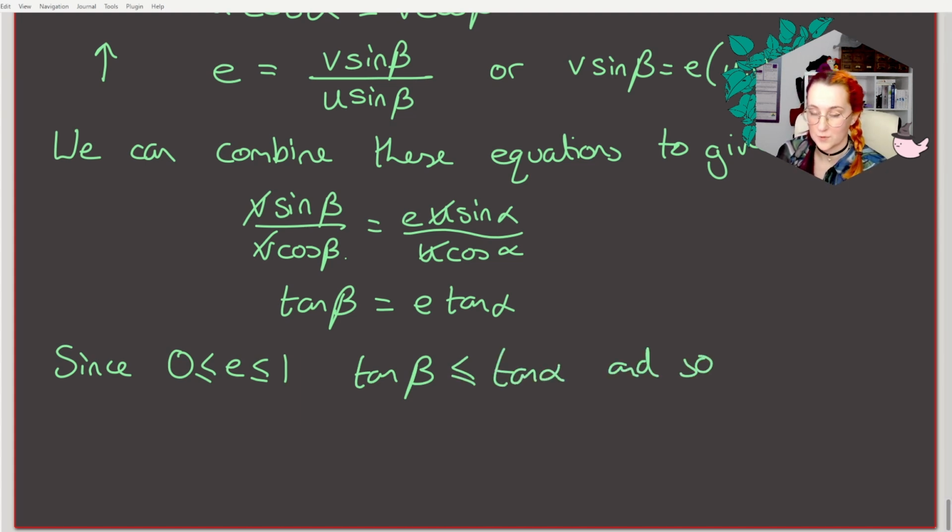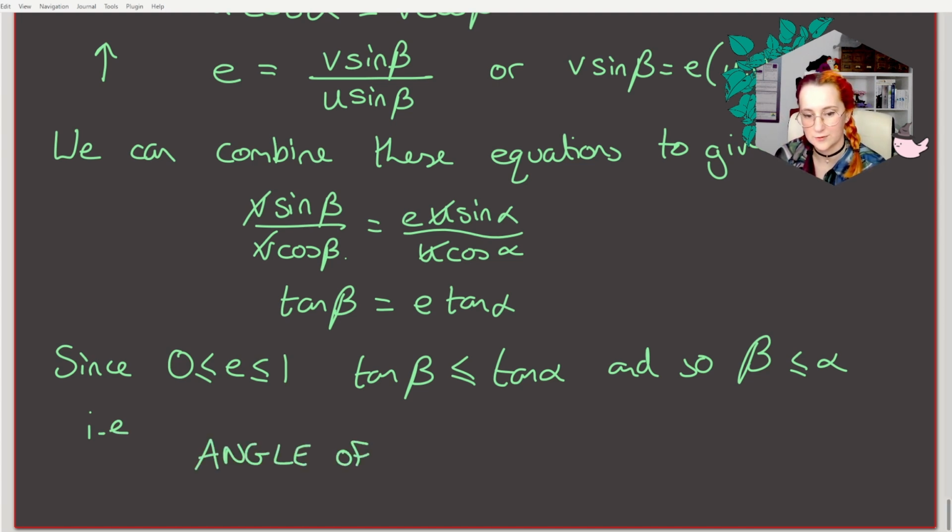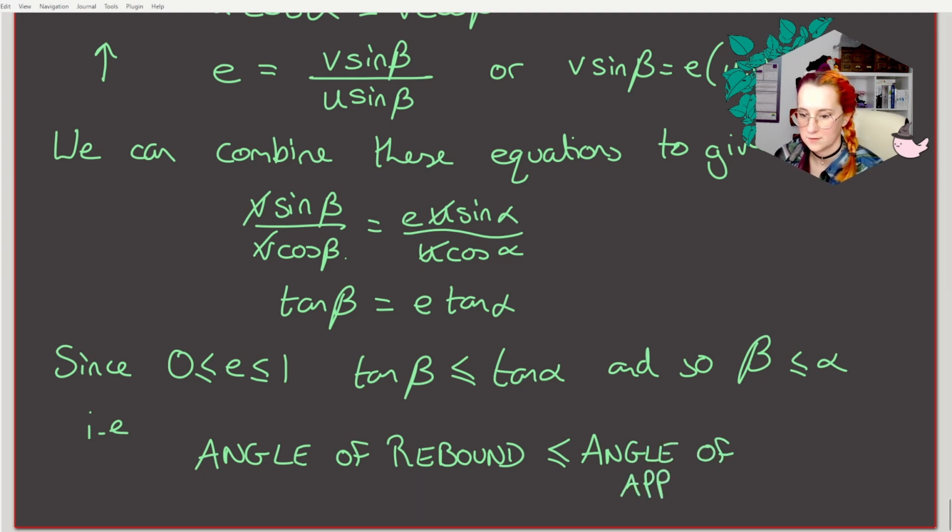This works because with tan values, beta is less than or equal to alpha. I.e., the angle of rebound is always going to be less than or equal to the angle of approach.